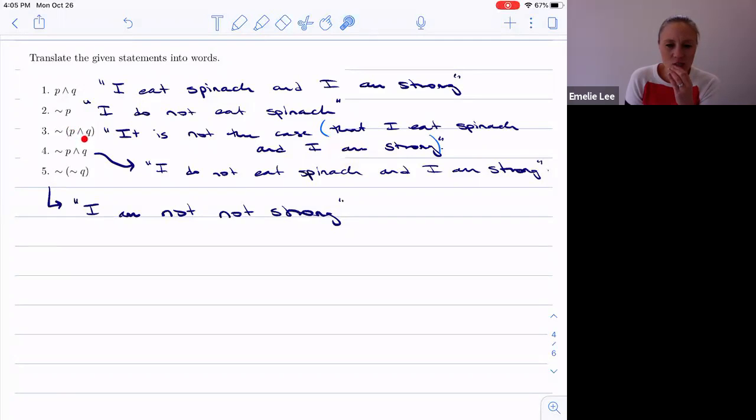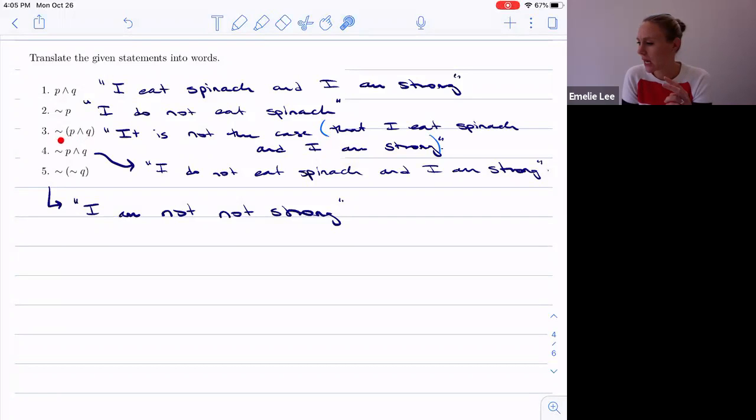Can I say I do not eat spinach and I am not strong? No, because you can't say not P and not Q, because that's separate. So this negation doesn't distribute inside. Okay.